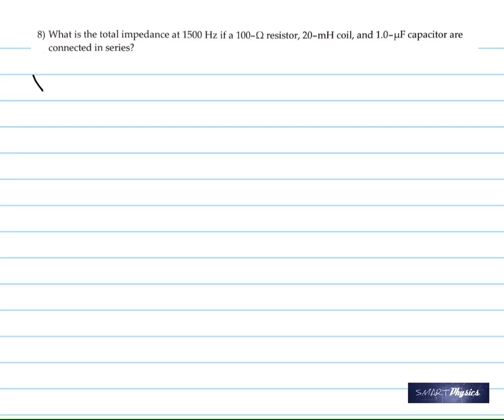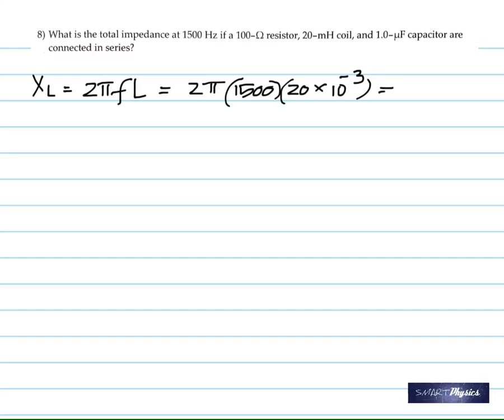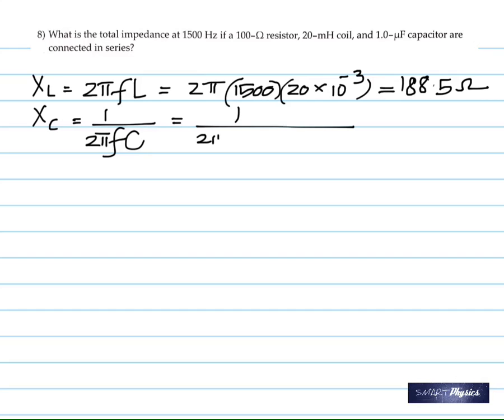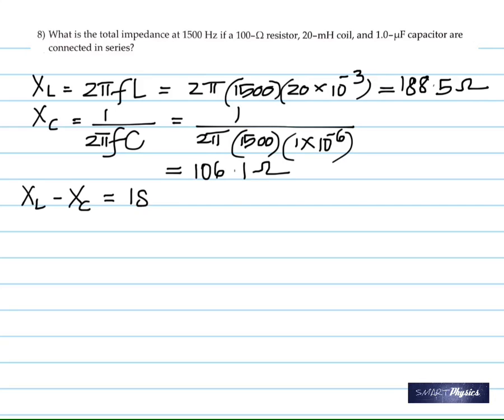What is the total impedance? And this is an LCR circuit, so you have all the 3 components. To find the total impedance, let's first find the inductive reactance, 2 pi f times the inductance. There's 188.5, and then XC, 106.1 ohms.